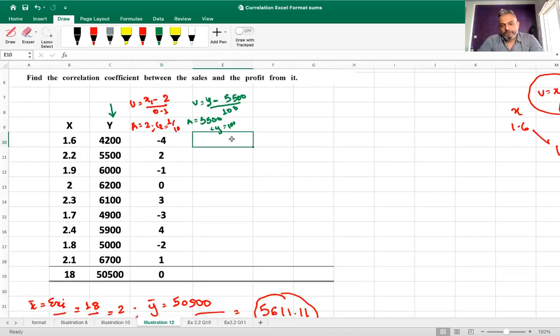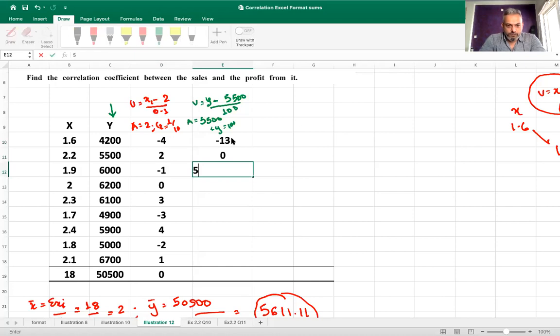So let's go over here. 4200 minus 5500, so directly 42 minus 55, so minus 13. 5500 minus 5500, 0. 6000, so 5. 6200, so 7. 6100, so 6. 4900, so minus 6.